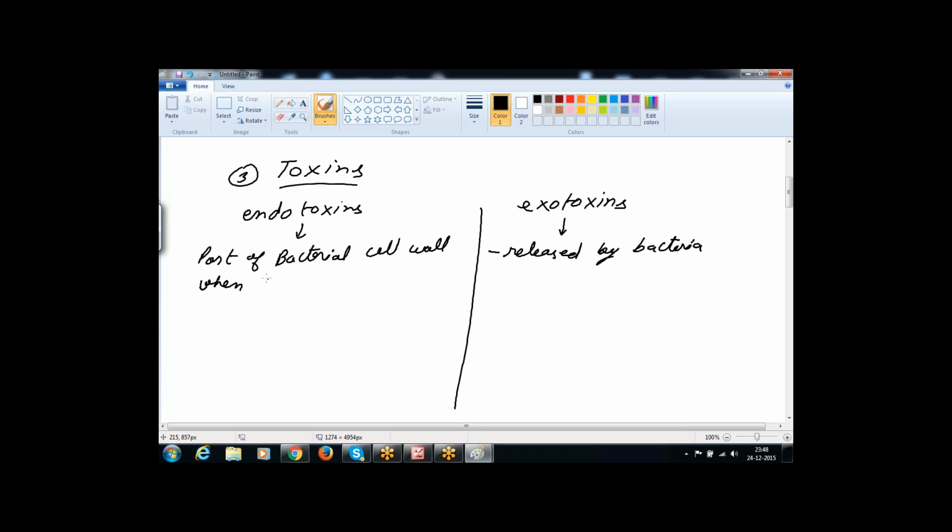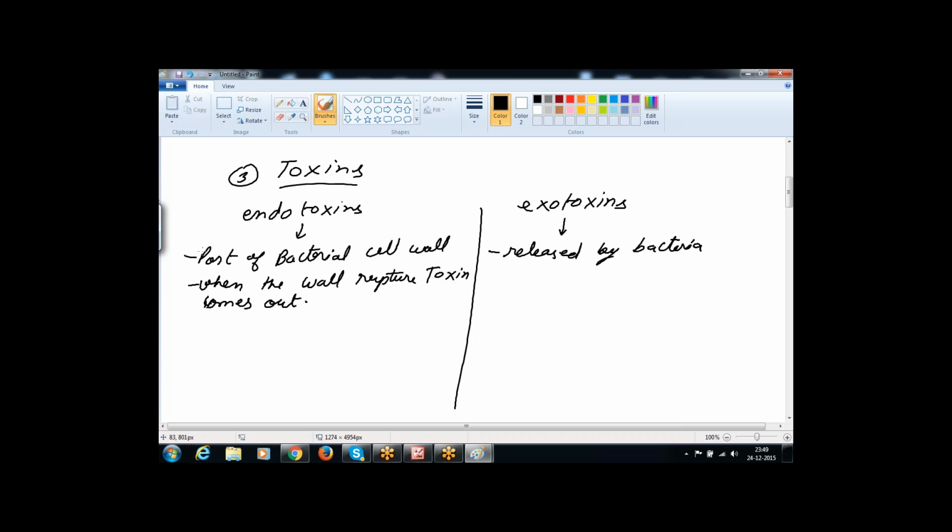When the wall ruptures, toxin is released. Toxin comes out. So it is not released by bacteria. It is something present in the bacterial cell wall.